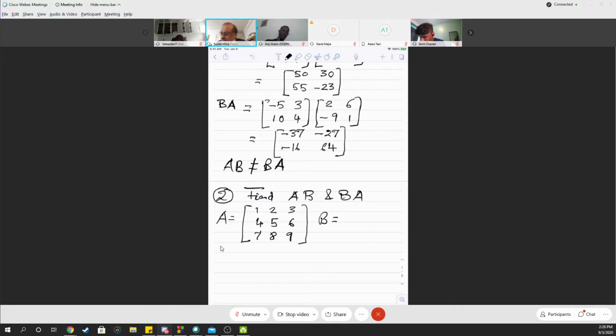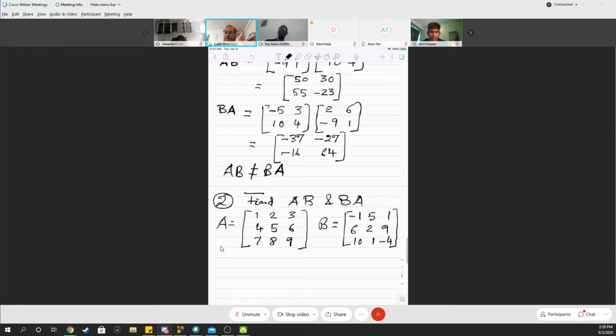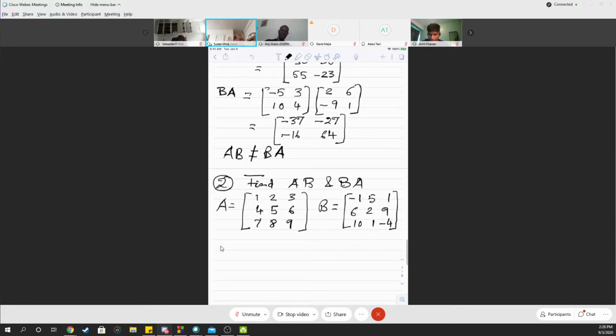B is minus 1, 5, 1, 6, 2, 9, 10, 1, minus 4. Find both AB and BA. Take 10 minutes, you should be ready within 10 minutes. So this is now 3 by 3.